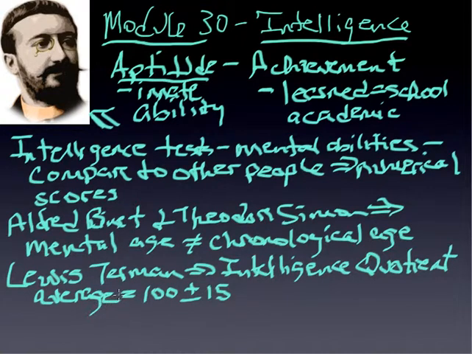They ended up categorizing and labeling people in very inappropriate ways. And that's a little bit of the history behind intelligence testing. The key to understand here is the difference between aptitude and achievement, and then how we go about trying to understand intelligence tests themselves.